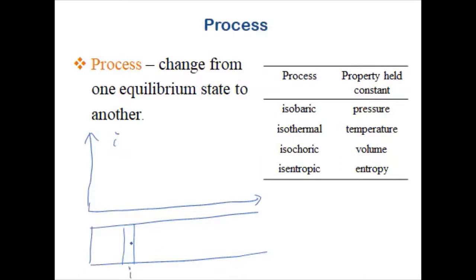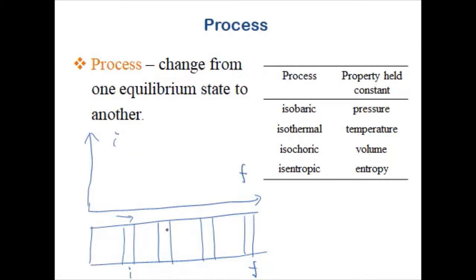This piston will move in this direction and it will come to here, and here also. Let's say this is its final state. As we can see, the piston is moving from the initial state to the final state and passing through lots of equilibrium states.